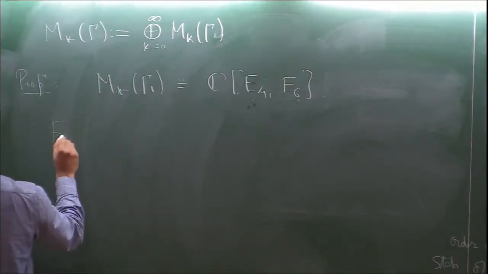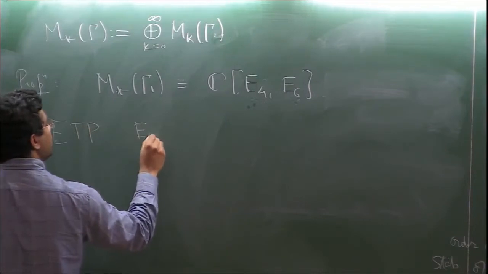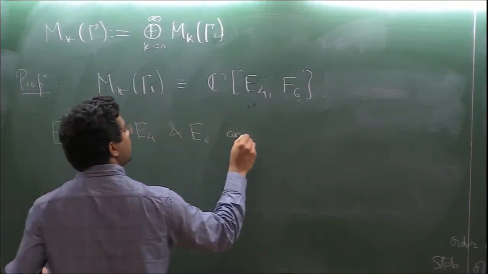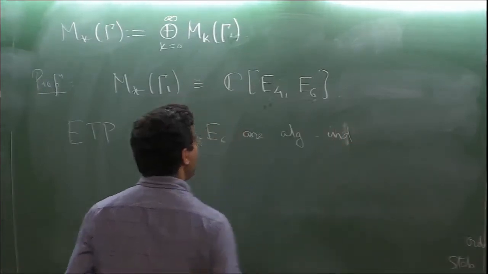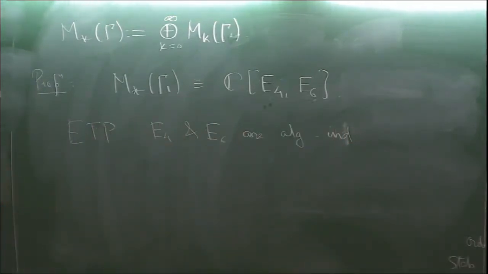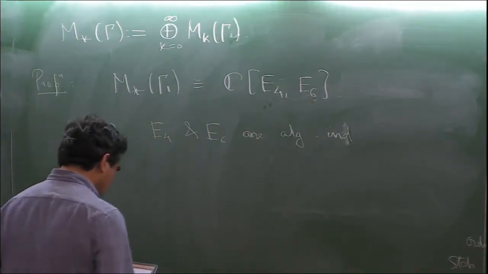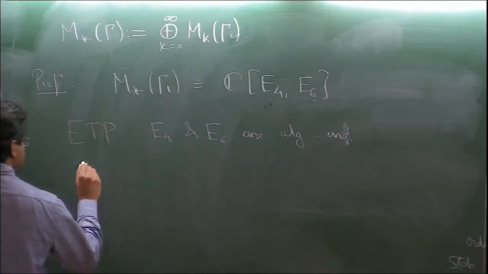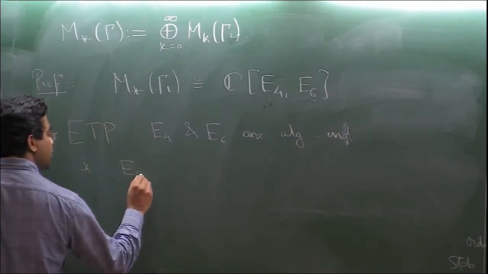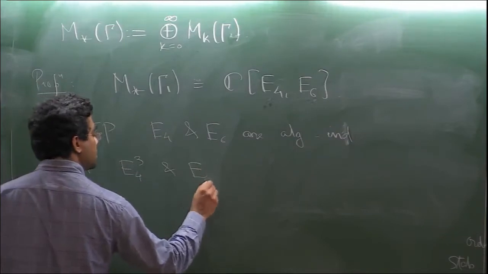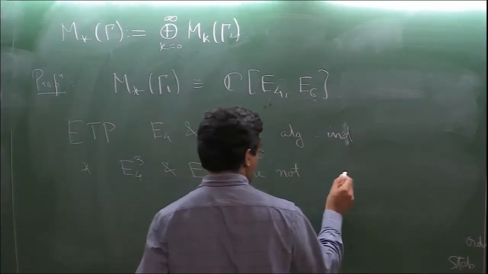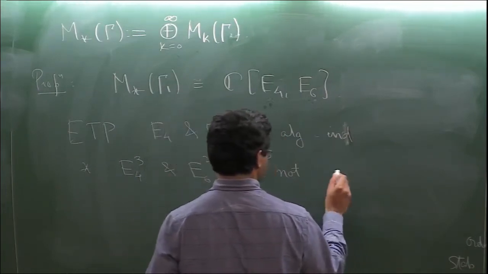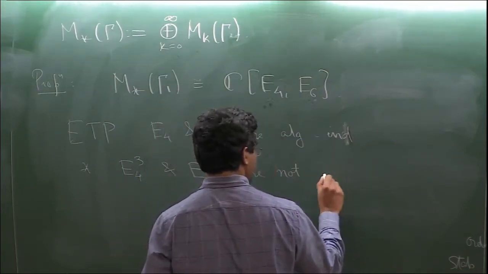So it's enough to prove that E4 and E6 are algebraically independent. And to show that, it's enough to show that, first step, E4 cubed and E6 squared are not linearly dependent.